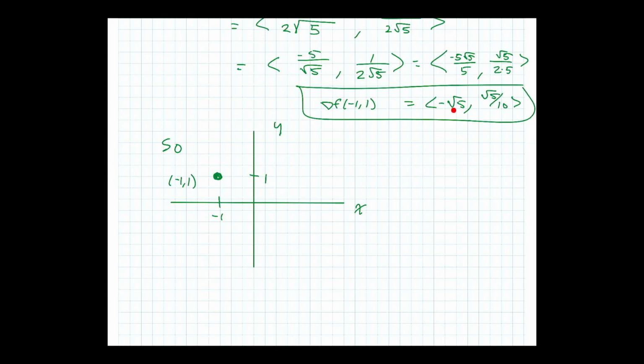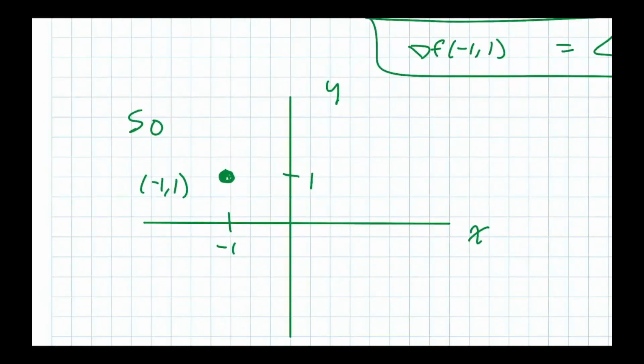Negative square root 5 is pretty far in the x direction, in that direction. And then divide that by 10, and that's how much it's going up. So the gradient is basically like an angle like this. I'm not going to try to graph it perfectly, but gradient f is something like that.